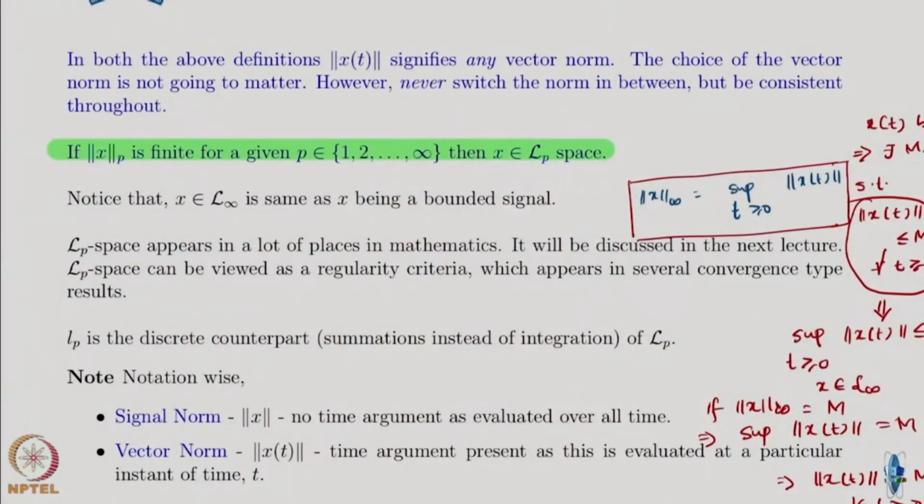This is called the L_p space, and it has significance not just in control, but in a much larger array of math. For example, whenever you talk about any kind of function approximation using series, you need L_p assumptions. Fourier series, for example. When does the Fourier series converge?